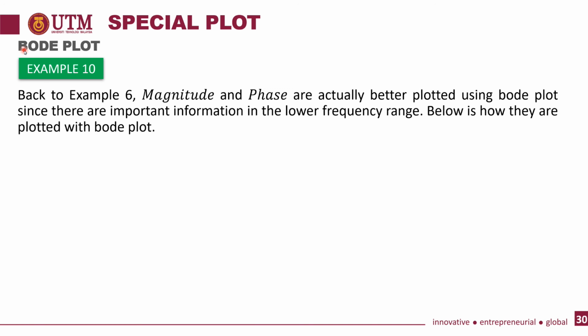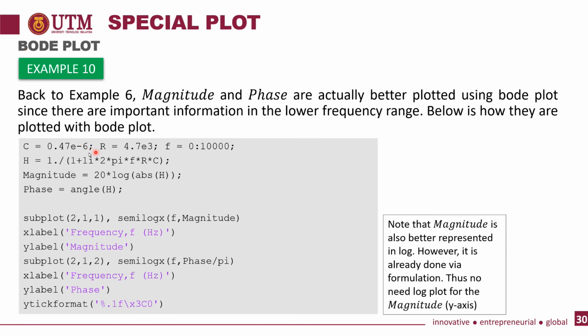All right. Okay, so as usual, this is the way that you are using your BODE plot. So C, R, F, so H. It is actually just using the equations. Magnitude is actually 20 log absolute H, and also phase.